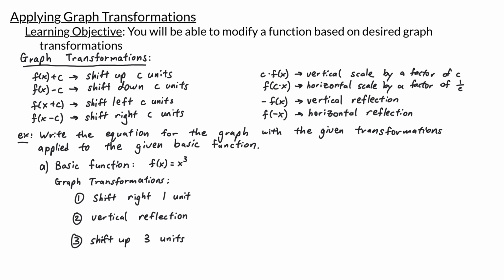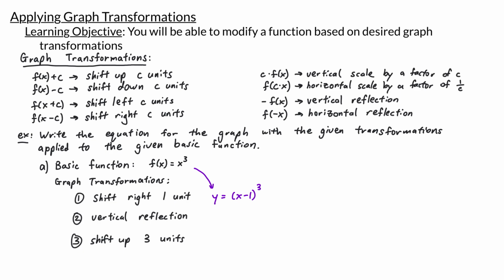If we want to shift right 1 unit, we're looking at f of x minus c, meaning we want to take our input x and replace it with x minus however many units we want to shift by. So since we want to shift by 1 unit, our equation will now be y equals, instead of x cubed, it would be (x minus 1) cubed.